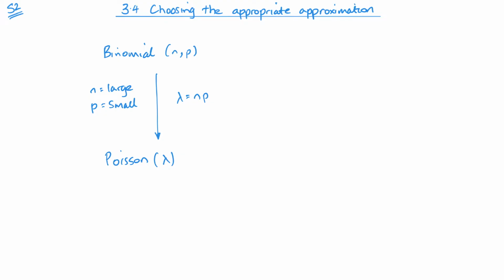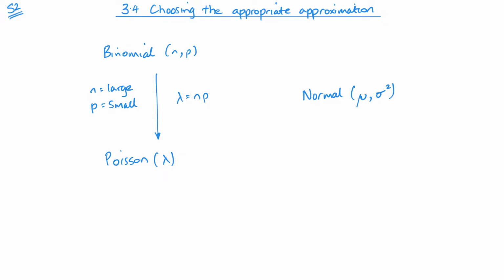Now, binomial can also be approximated with the normal. So I'll pop the normal over here. I quite like the way it's done in a few of the textbooks, so I'm going to keep a similar method.